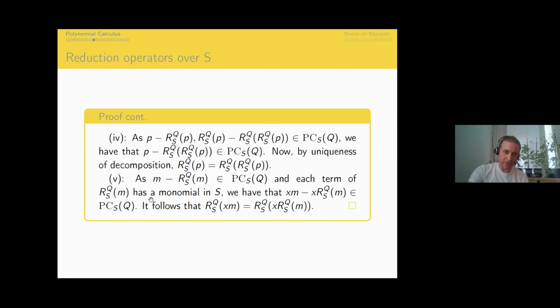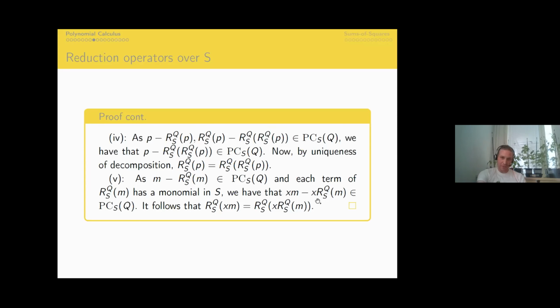So their monomial is always in S, because they come before M that's in S, and everything that would be in S hat but not in S comes after M. So any monomial appearing in this Rs of M must be in S. So okay, now we have a term that's provable that contains only monomials from the set S.